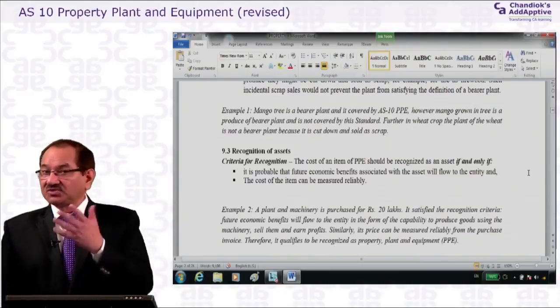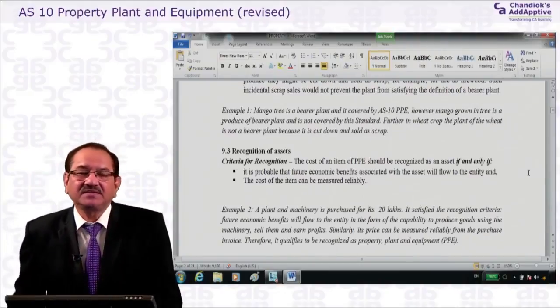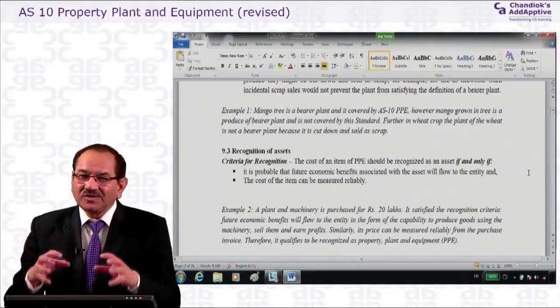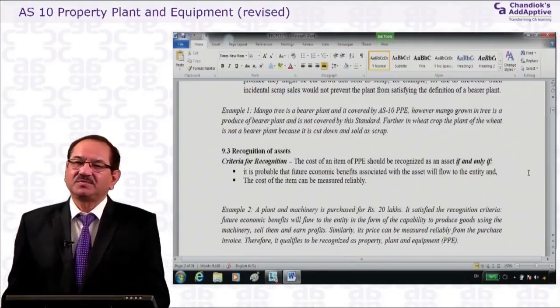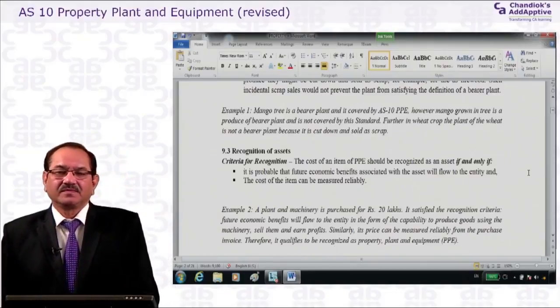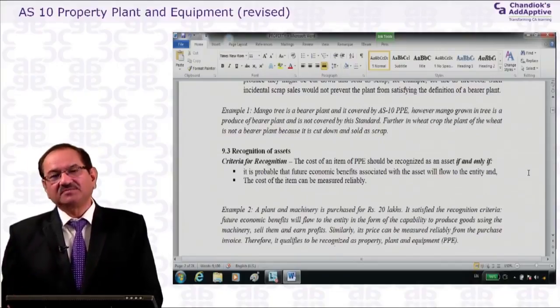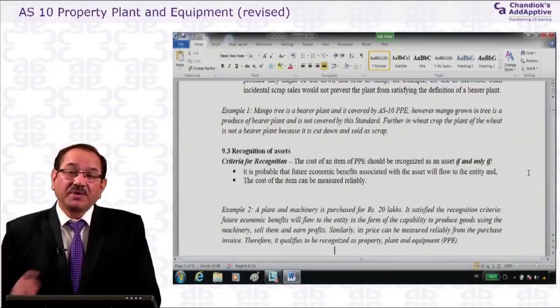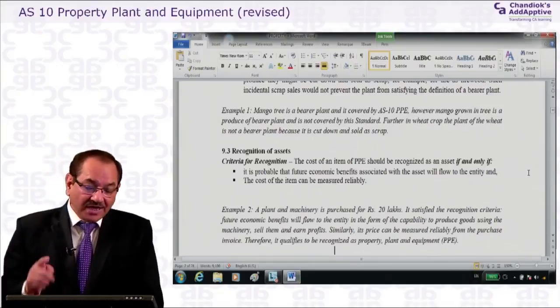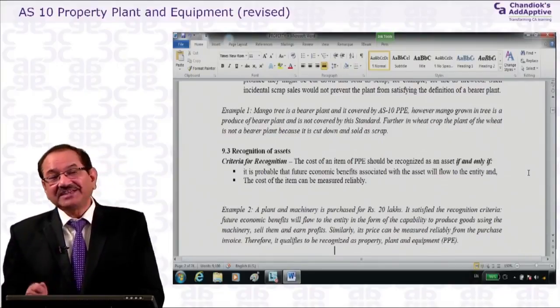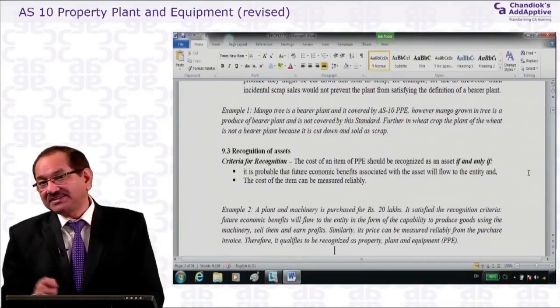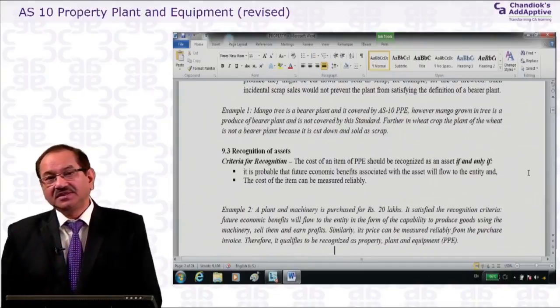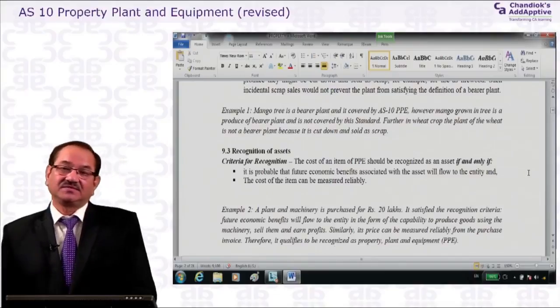Do you understand? If it is so, the second condition is not satisfied, then you can't recognize the plant and machinery in your books of accounts. You are using that plant and machinery, the future benefit is coming to you, but if you are not able to measure the cost of that plant and machinery reliably, then you can't recognize it.